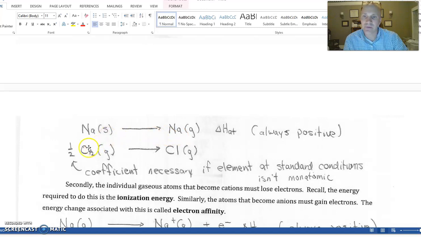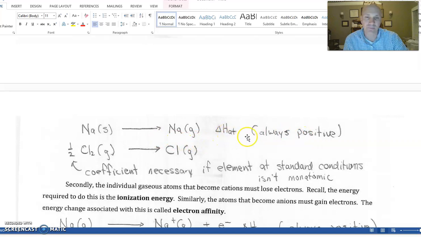But hopefully you realize that some elements exist in their diatomic form, covalently bound to themselves, when they're in their standard state. In that case, you might have to add a coefficient to the front, because what we're interested in is figuring out the amount of energy necessary to get the individual atoms in their gas form. If it doesn't exist as an individual atom at standard conditions, you have to have that coefficient right there. Note that these are always positive.